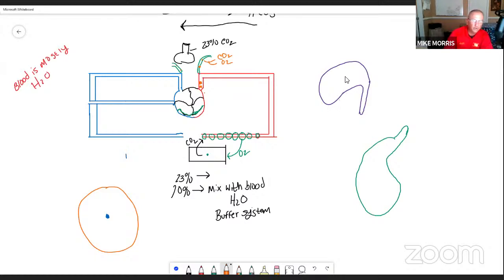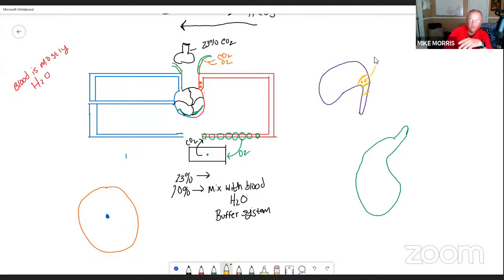And then if we go over here to the respiratory part of the brain, we talk about the pons and the medulla oblongata, the base here. That's where your central chemoreceptors live.